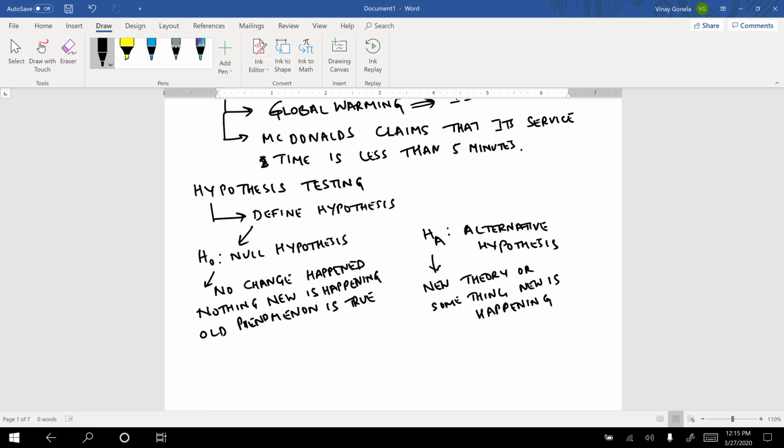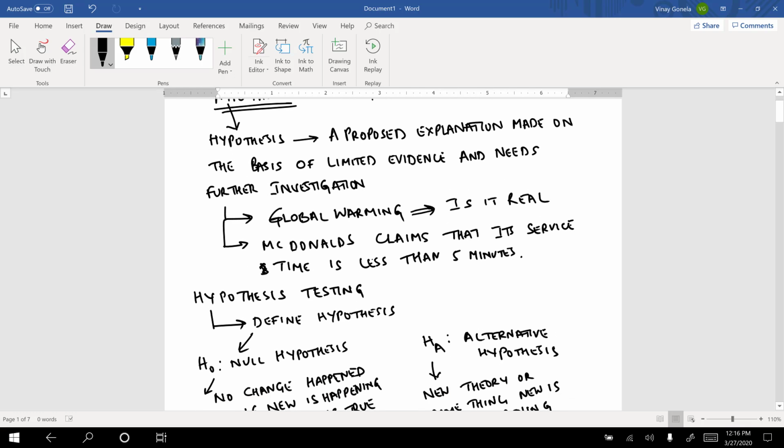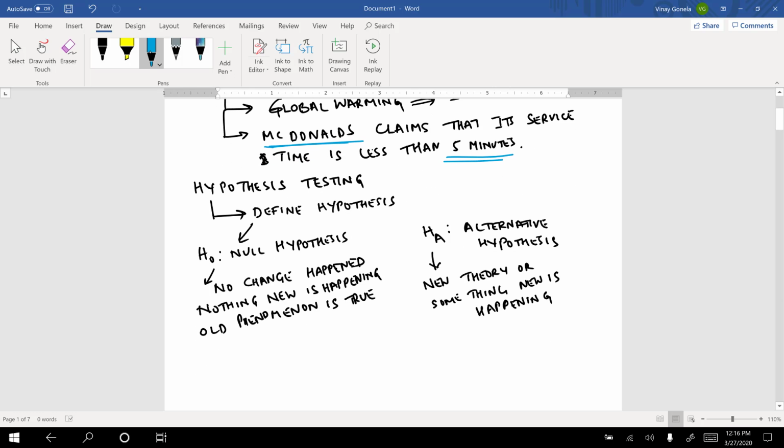An example would be, for example, McDonald's claims that it takes less than 5 minutes. So our null hypothesis would be less than 5 minutes. Alternatively, it can take more than 5 minutes. So that's what we are writing about in the null hypothesis and alternative hypothesis.